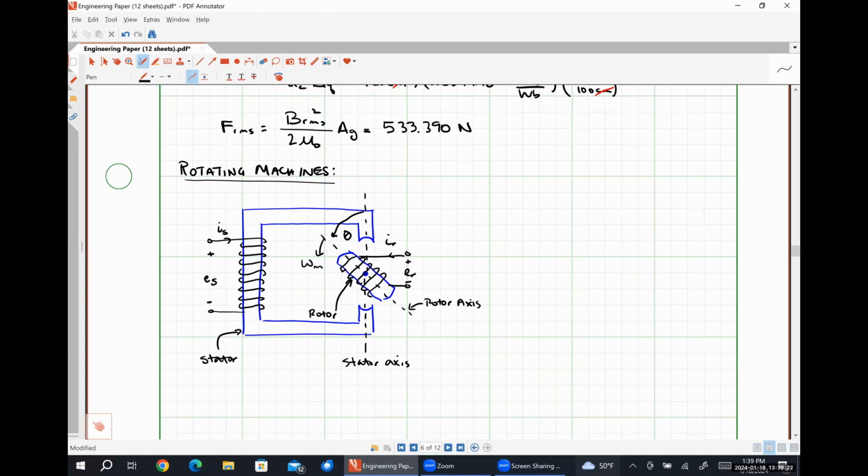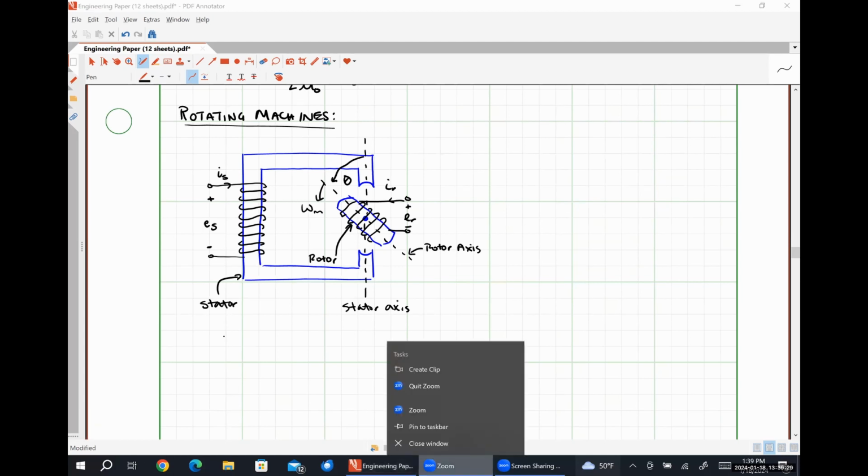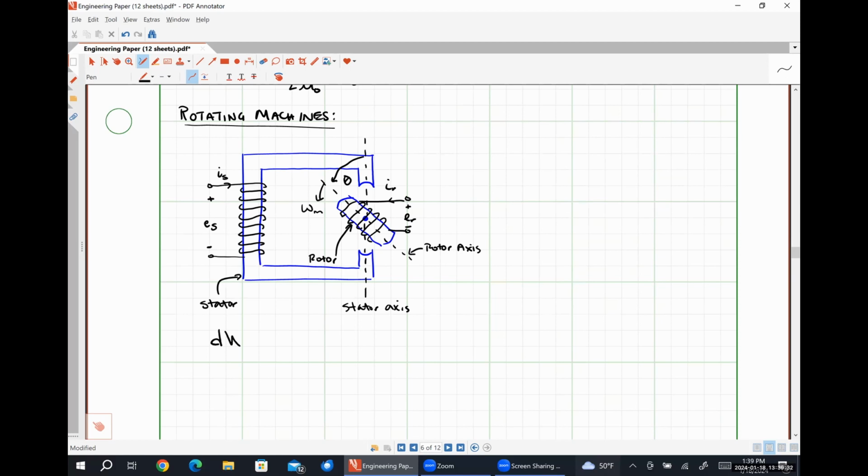So the stored field energy in the system, dWF, is going to be the stator voltage times the stator current times some differential time element dt, plus the rotor voltage times the rotor current times some differential time element dt.